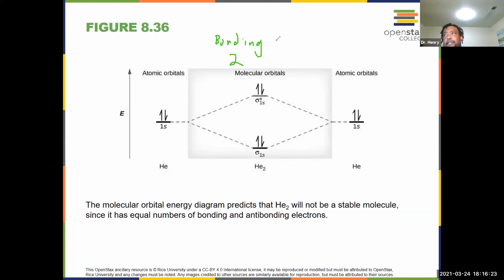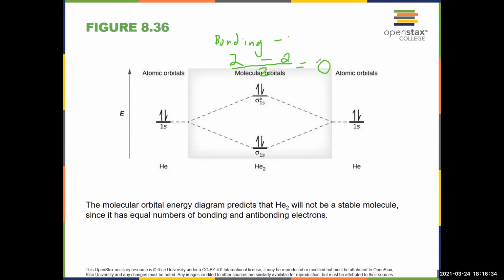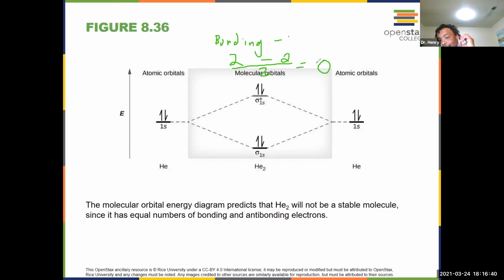How many anti-bonding? 2. So 2 minus 2 divided by 2 equals 0. How many bonds are we going to have? 0. None. So it's not going to be stable enough to sit there and form a bond. Okay, does that make sense? Okay, good. So that's pretty much the meat and potatoes so far.